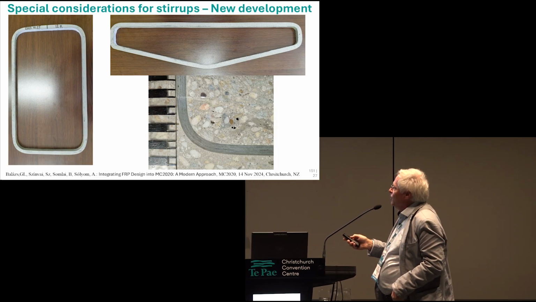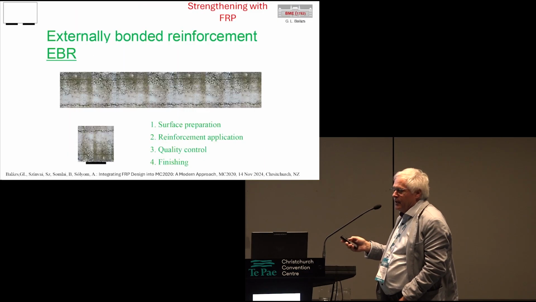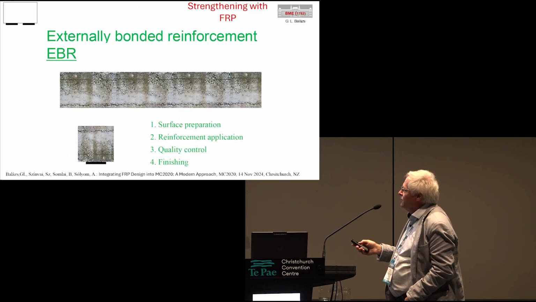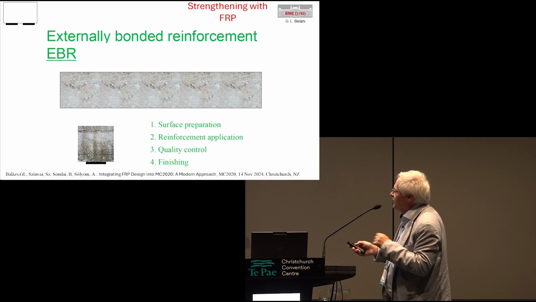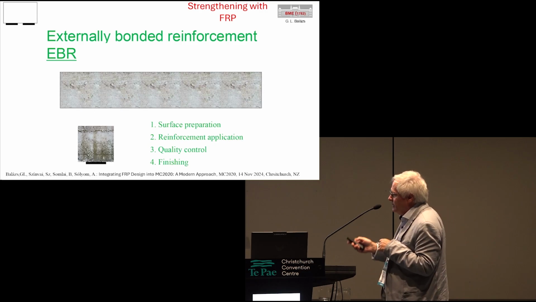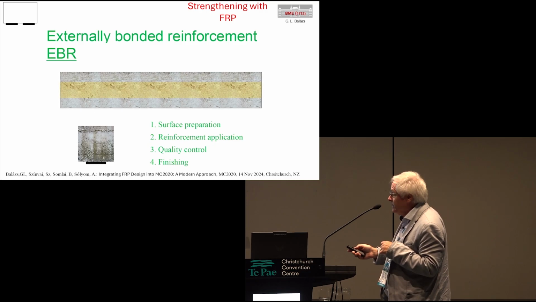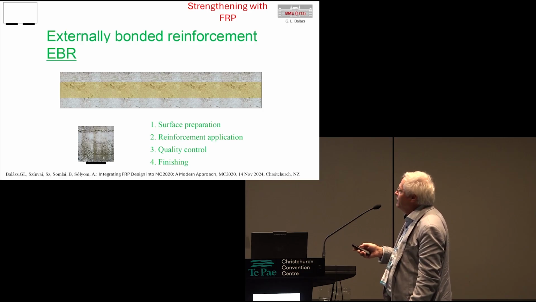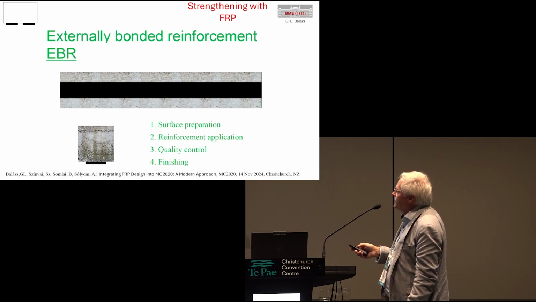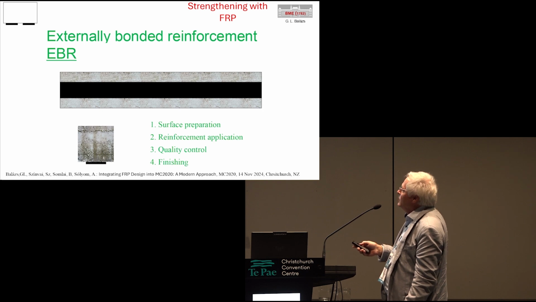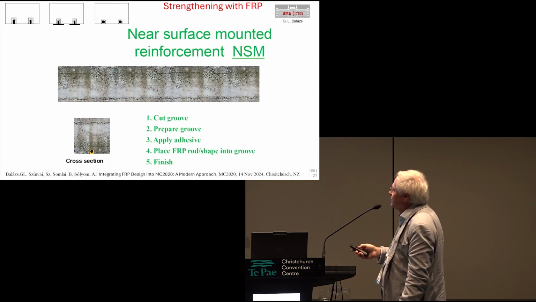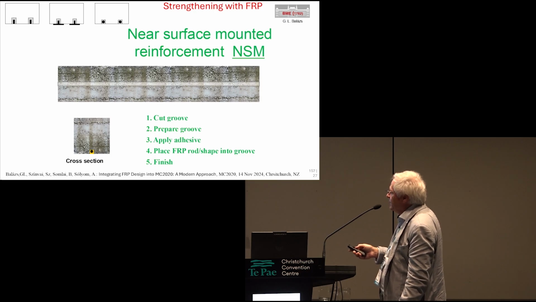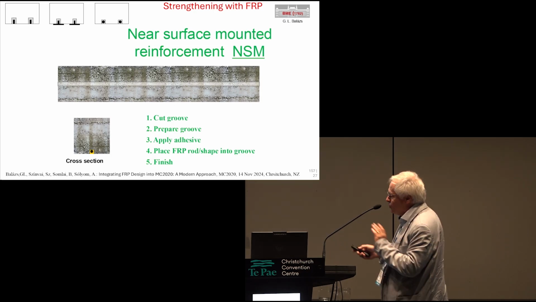I don't speak about strengthening. But strengthening was very successful from the beginning of the 90s. There were some strengthenings even at the end of the 80s by applying FRP. There is the external bonding, and there is the near surface mounting technology. There are many advantages. I don't go into details.